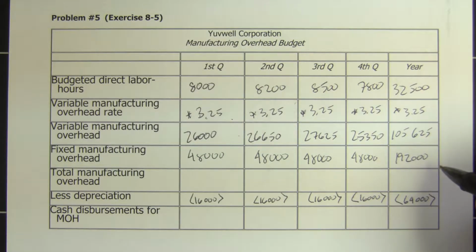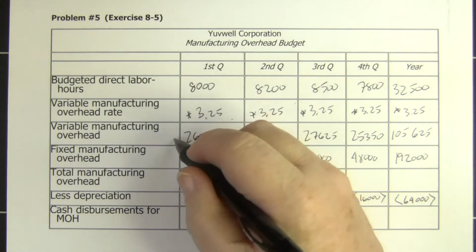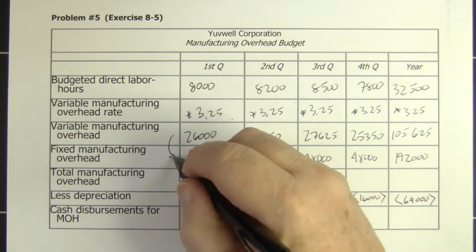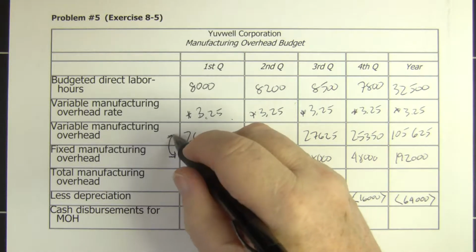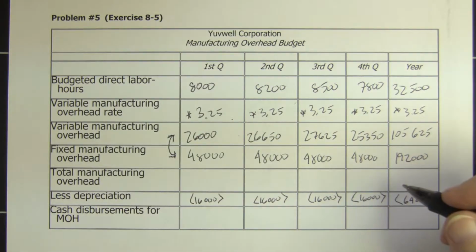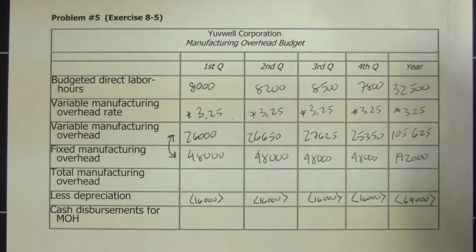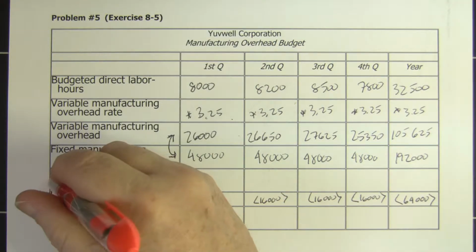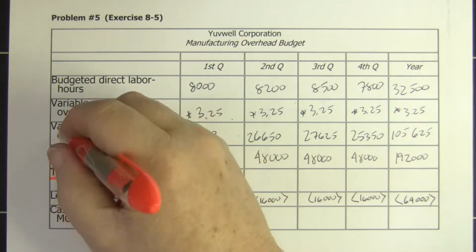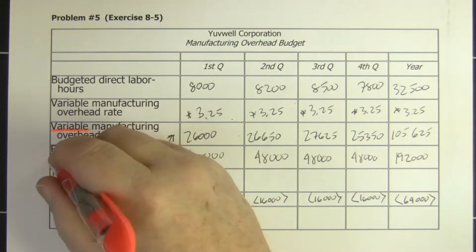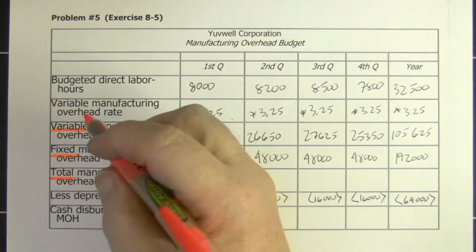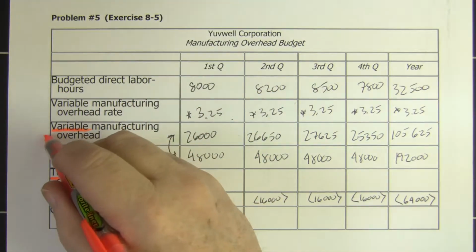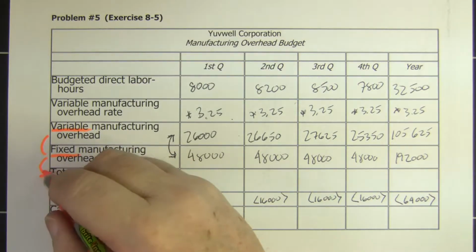Okay, now I'm going to add these because this is my variable and that's my fixed. So variable and fixed by definition is total. Variable plus fixed equals total.